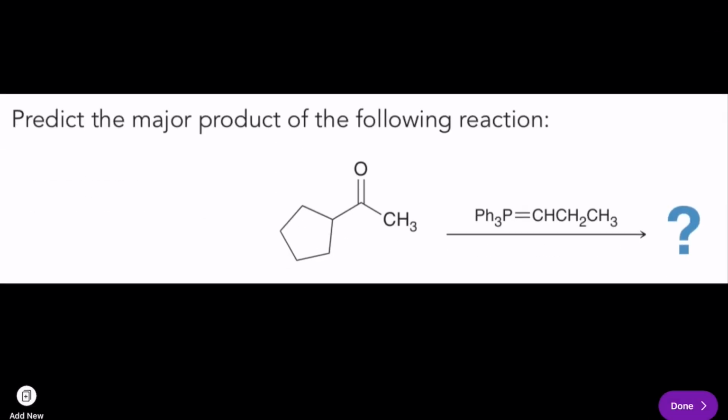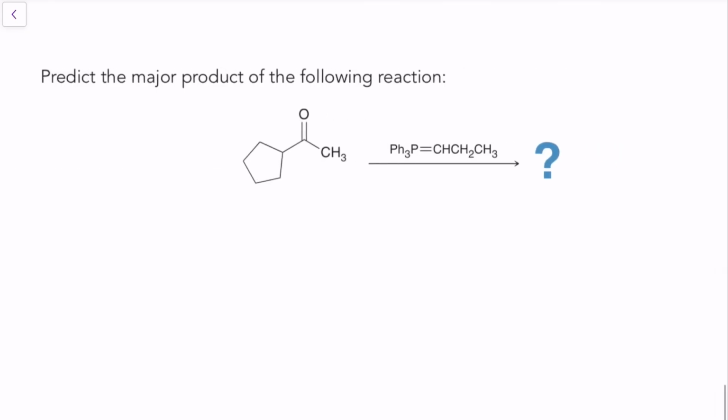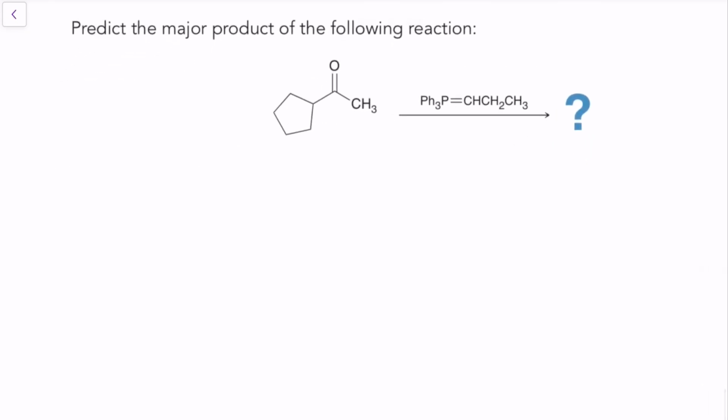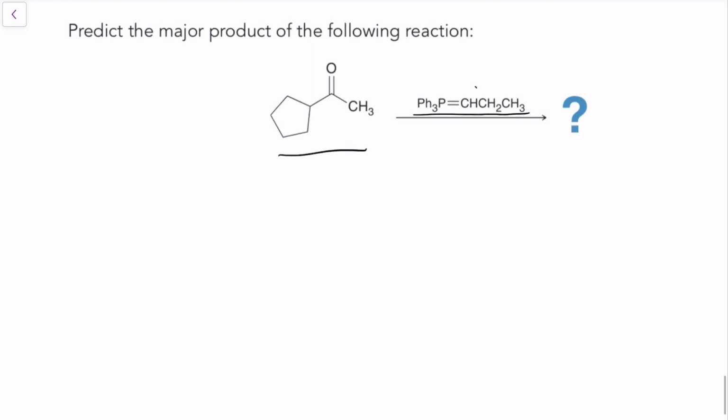So let's try and solve this problem. So the first thing given, you have the compound and they are asking you for the product. Now notice that this is the carbon that you have on the other side, which means that there is a carbon there. Now let's try and understand the reaction.